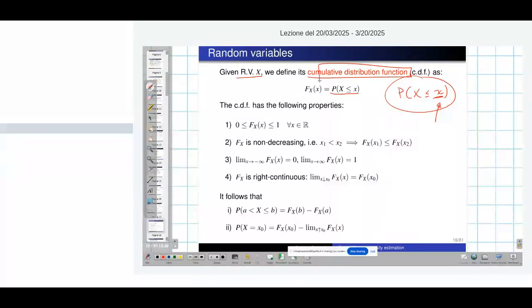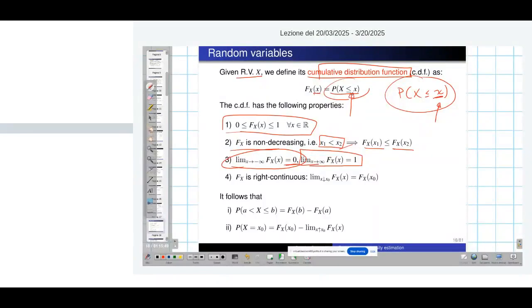It gives me, for every value of small x, the probability that my random variable will get a value that is smaller or equal than small x. The cumulative distribution function is between 0 and 1. It's non-decreasing. If x increases, then the cumulative increases because the set of outcomes becomes larger. The limit towards minus infinity is 0, and the limit towards plus infinity is 1.